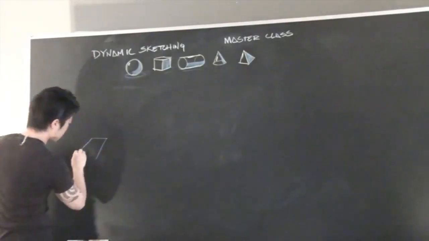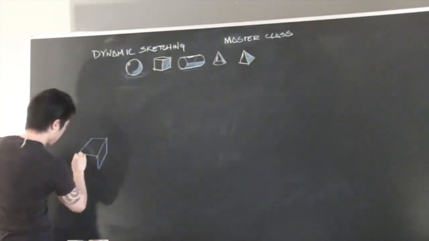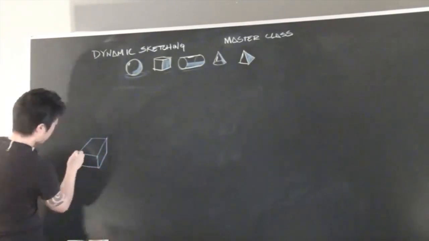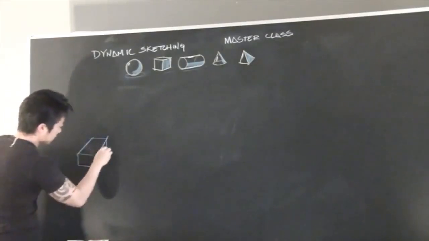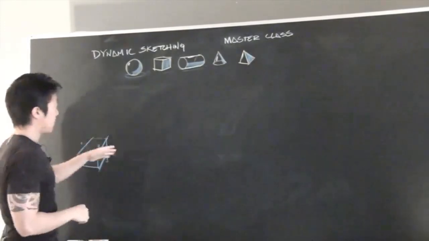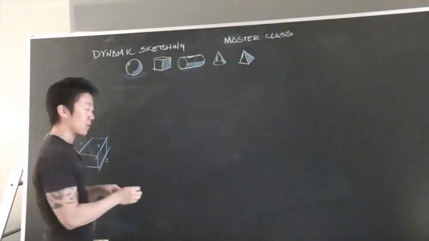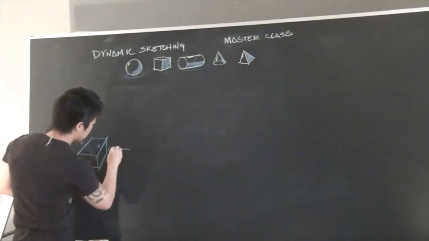I'm just eyeing my perspective. I'm not creating a horizon line or a vanishing point. I'm just understanding that these lines are converging into a perspective. I don't know where the perspective is going, but I'm just creating my own vanishing point, eyeing my perspective. I'm going to create another box.